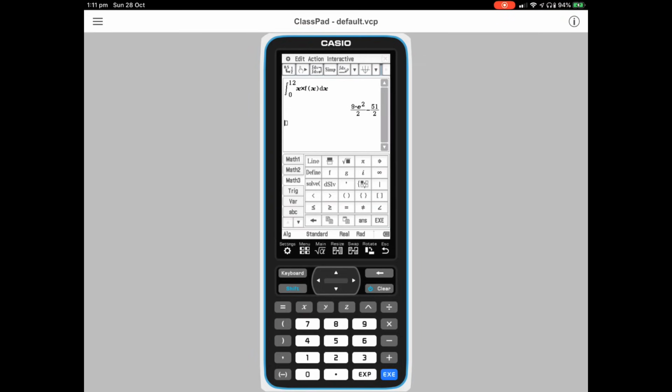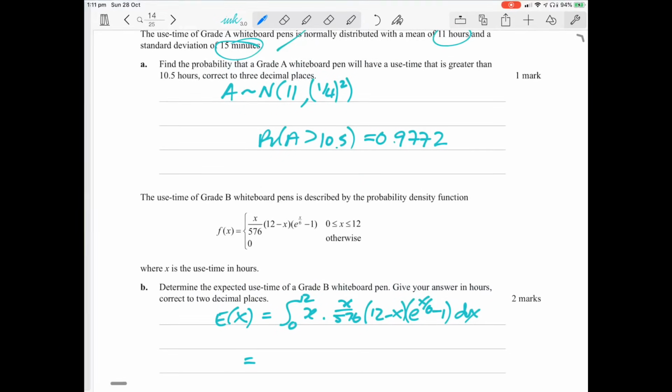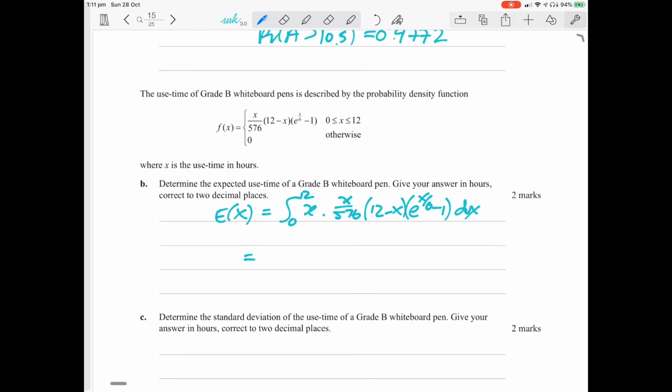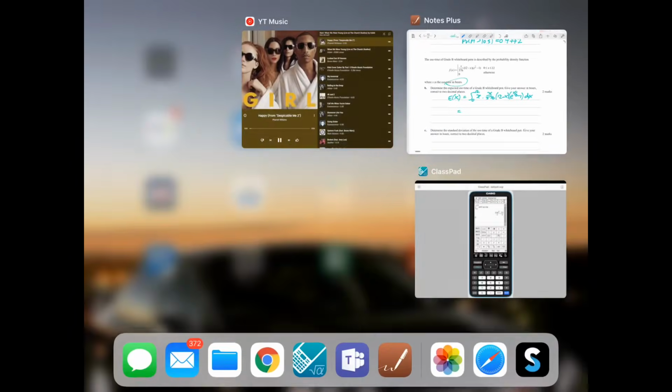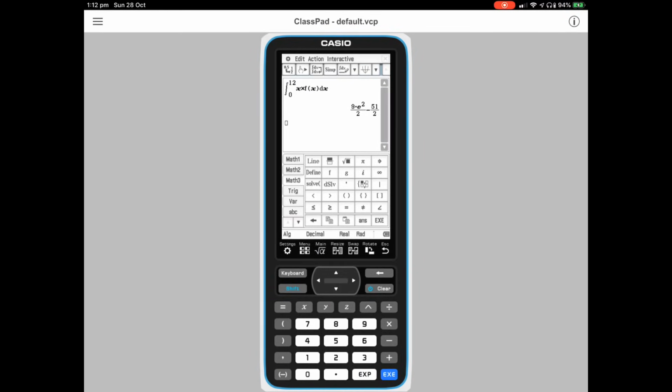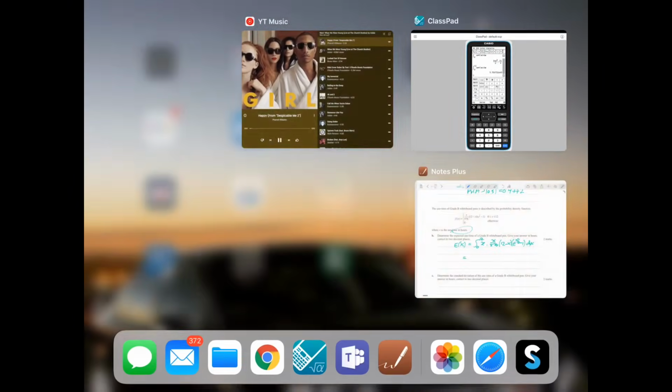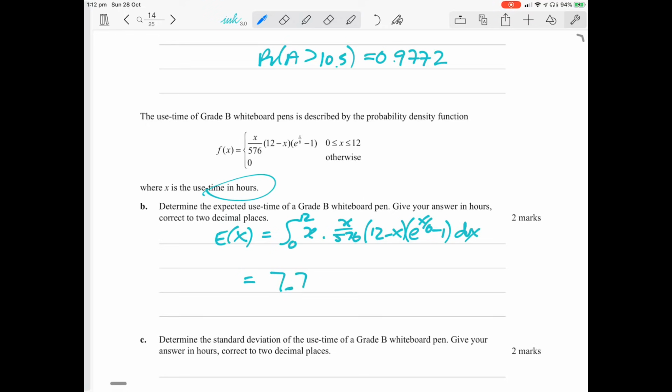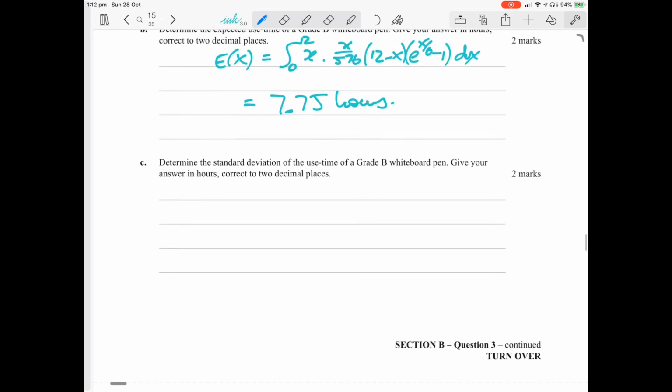So 9e squared minus 51. Okay, that's the time in hours, and it says to 2 decimal places. Why would they do that? Okay, 7.75. It's kind of stupid, don't you think, when you can get the exact answer.